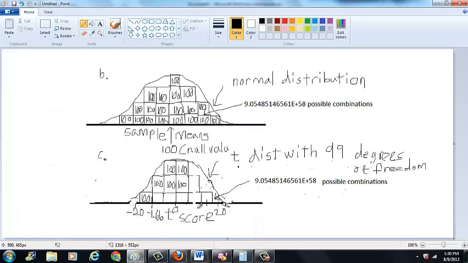We can label both of these somewhere out here. This is negative 1.98. This is positive 1.98. We can draw a dotted line above both of these numbers.